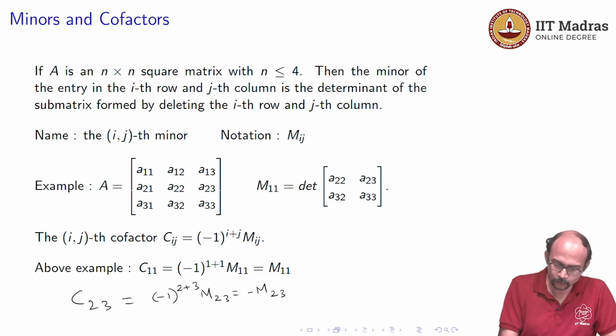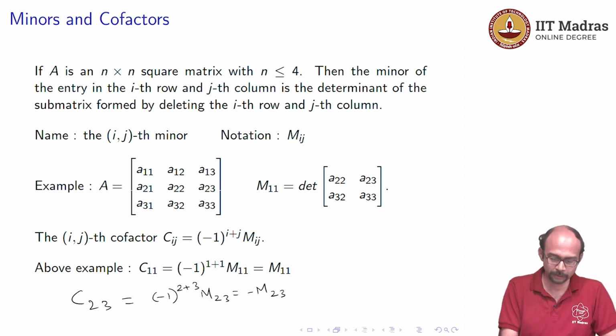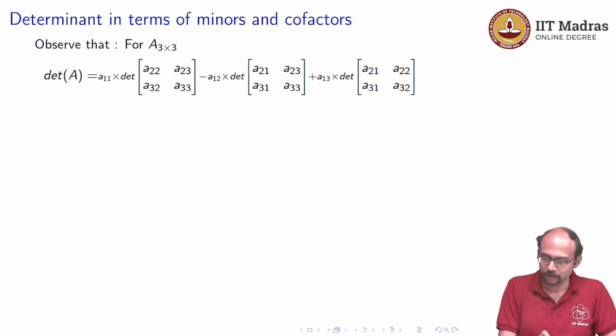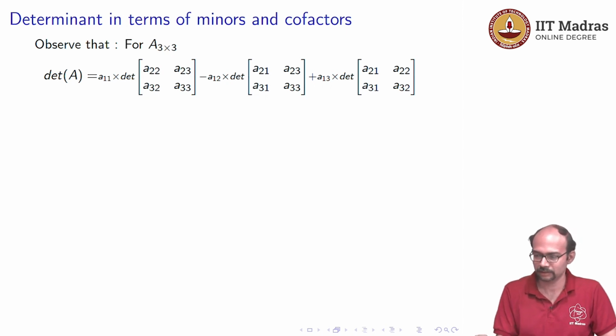So, let us now try to rewrite the determinant in terms of minors and cofactors. Okay. For a 3 by 3 matrix, the determinant of A, this is expansion along the first row, this is the definition: A11 times the determinant of the matrix obtained by deleting the first row and column, and then you take its determinant. But that is exactly what we called the minor, right. And then minus A12 times the determinant of A21, A23, A31, A33.